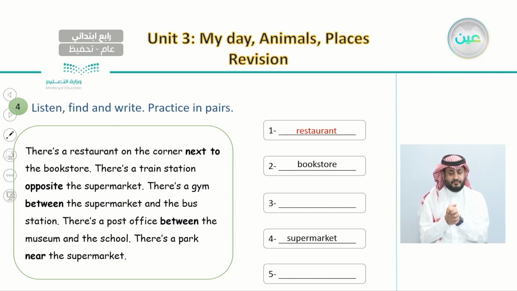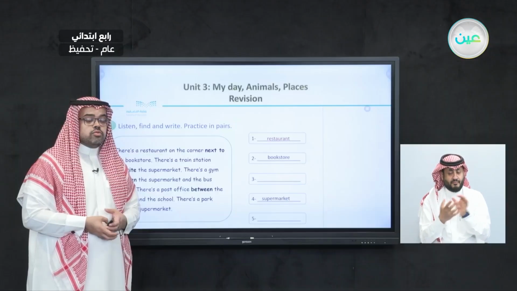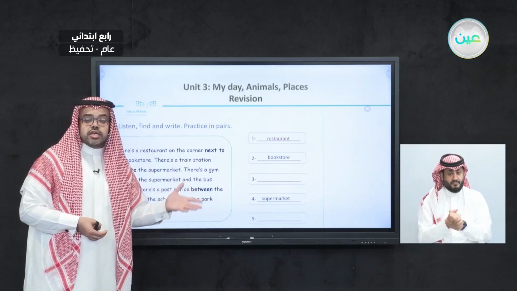There is a train station opposite the supermarket. So here we have 2 places. The first one is a supermarket, and the second one is a train station.